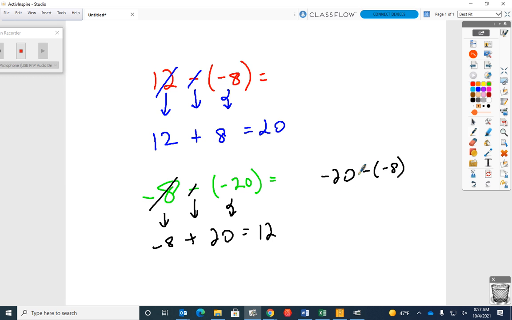Is it normal? No. So I copy, add, and what's the opposite of negative 8? Positive 8. In this case, I owe 20, and I have how much? 8. So I would still owe money, wouldn't I? How much would I owe? I would owe 12. Does that make sense?